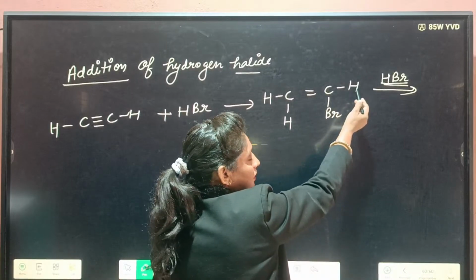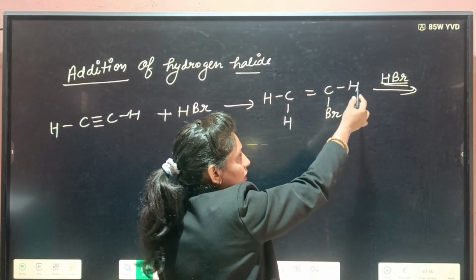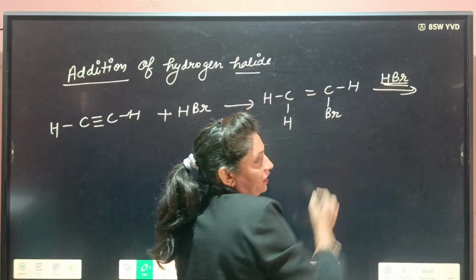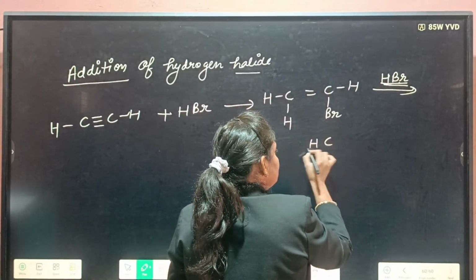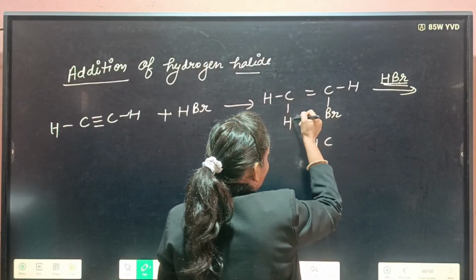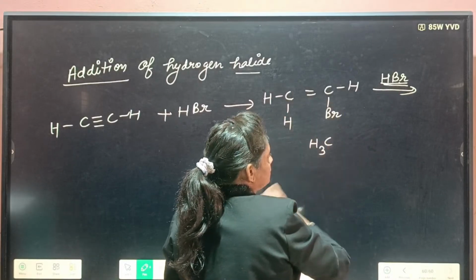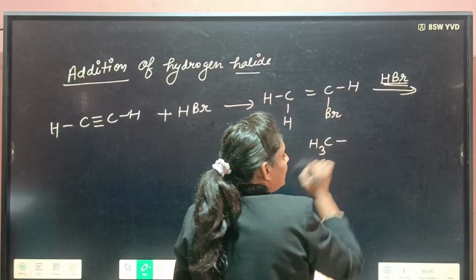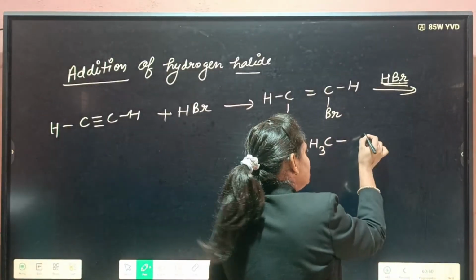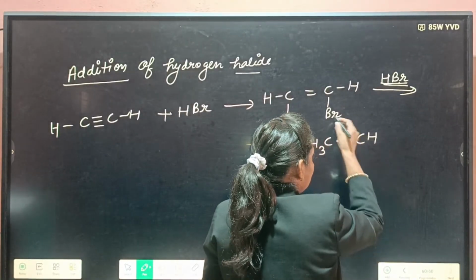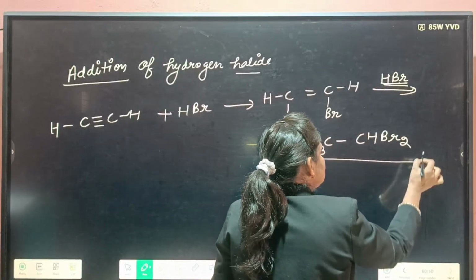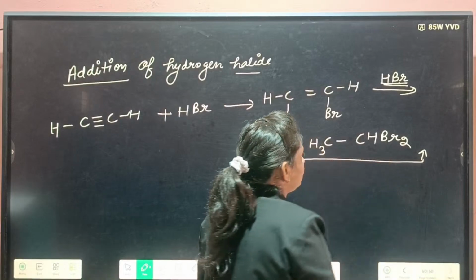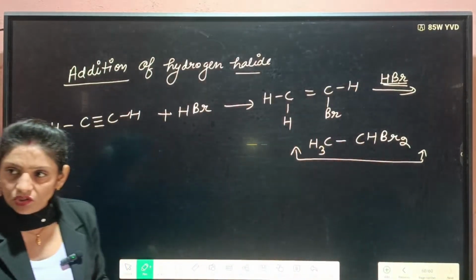So this one has the lesser number, and you attach the more electronegative element to this one. Now CH2 already, one more hydrogen, CH3, this bond further breaks to single, CH, one Br already, and one more you are adding, CH3CHBr2. Clear or not?